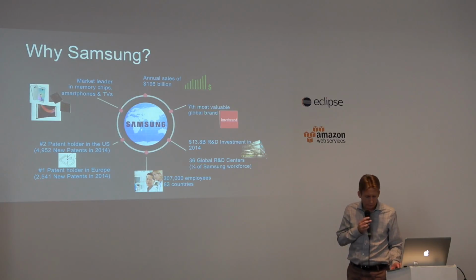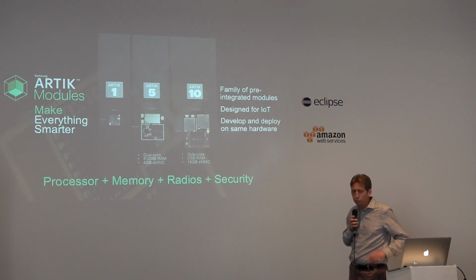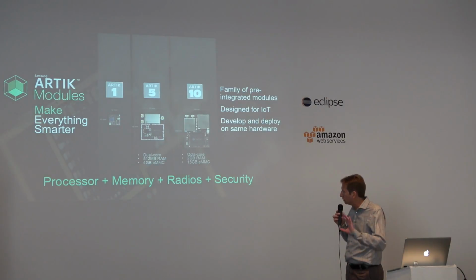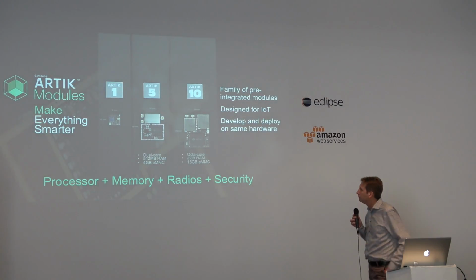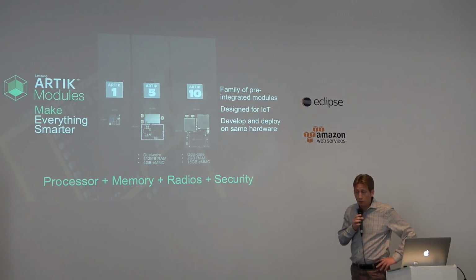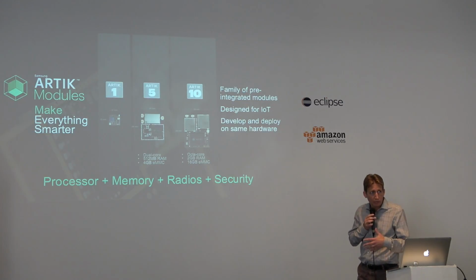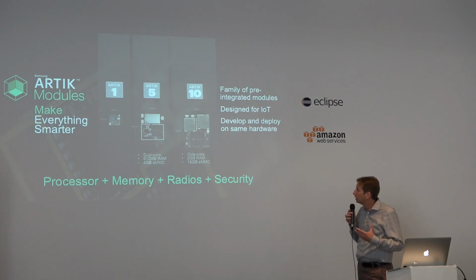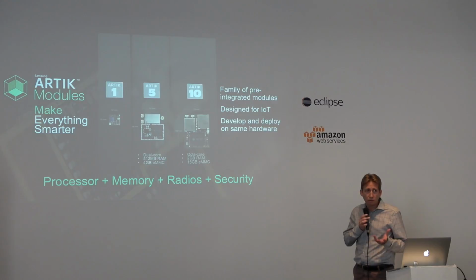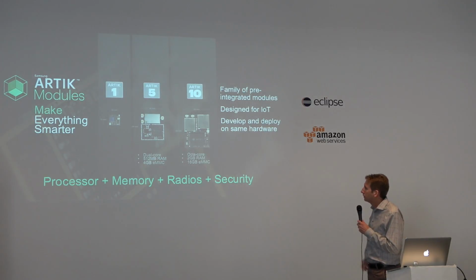So let's start with the hardware part of ARTIK, and I'll go through some of this quickly so it's not too sales pitchy. The modules that we announced last year and started shipping this year are the ARTIK 1, 5, and 10 in the family, and basically these are processor plus memory plus radios and storage.